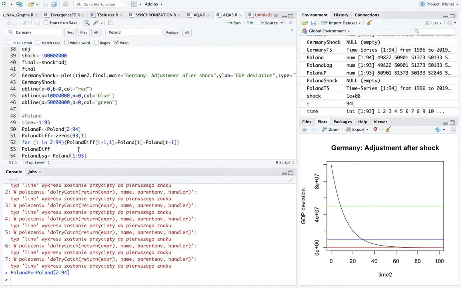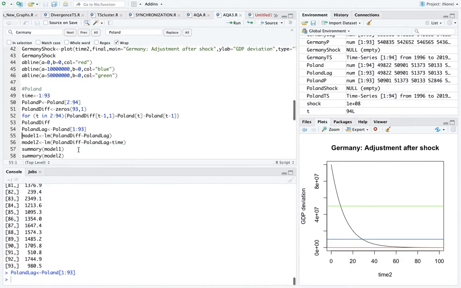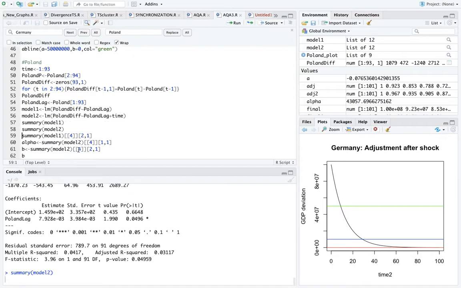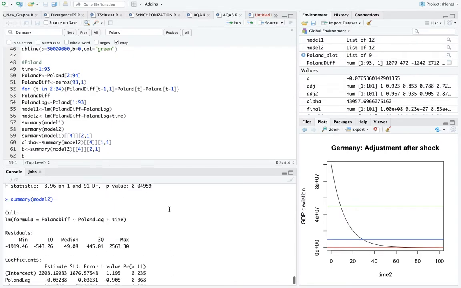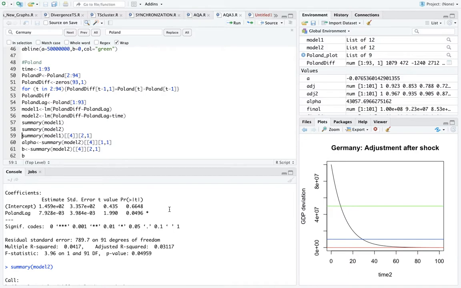Okay, so now let's look at the situation for Poland. I'm going through all the same steps, and I'm estimating exactly the same two models now for Poland. Let's start with the first one. And here we have a different scenario. In case of Poland, the OLS estimate suggests that the value of the coefficient is statistically different than 0, even at the 5% level.